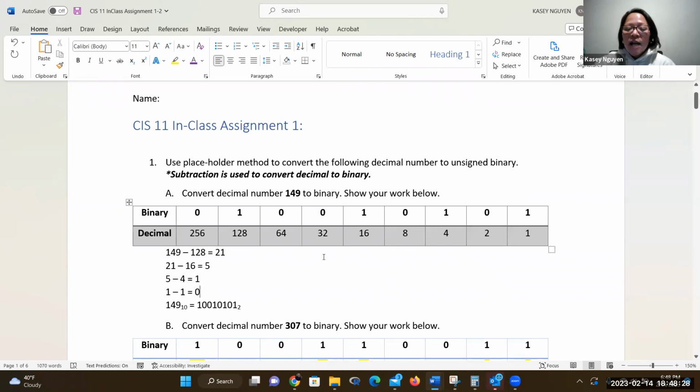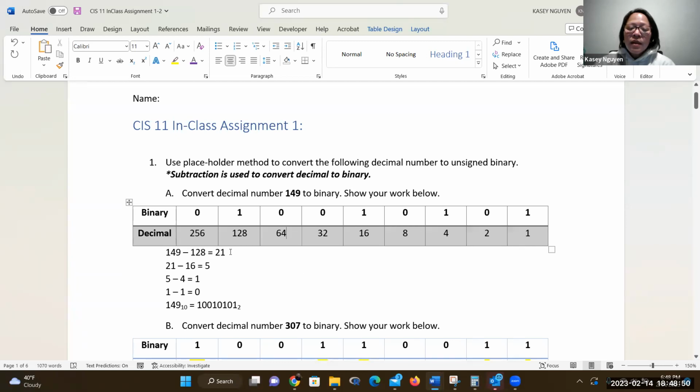So this is a subtraction method to really simplify the process. You look at your decimal value and you're going to use your scale, which is multiples of 2 starting from the right. You go down that scale and identify the largest number you can subtract.